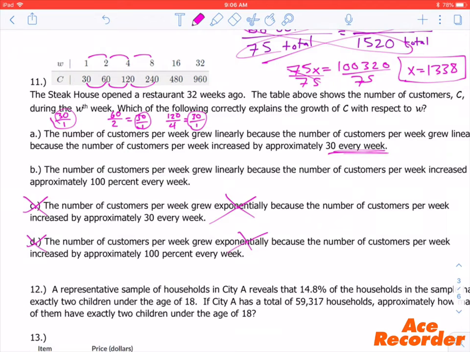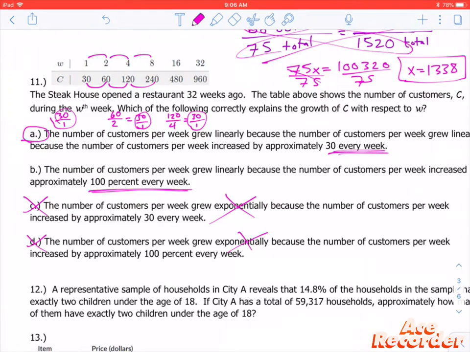So that is exactly what we were just looking at. So that would be A. And you can see why that's the case and not this one. 100% every week wouldn't be the case, because after the first week, 100% is 30, but then 100% would be 60 in 1 week. We went 100% in 2 weeks.